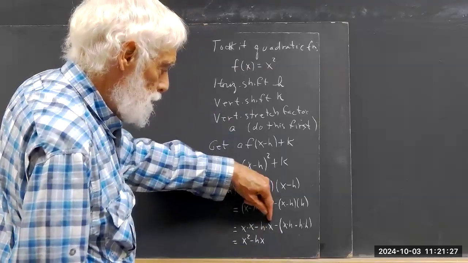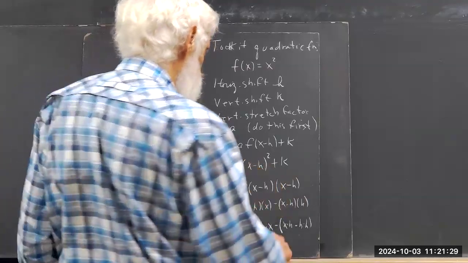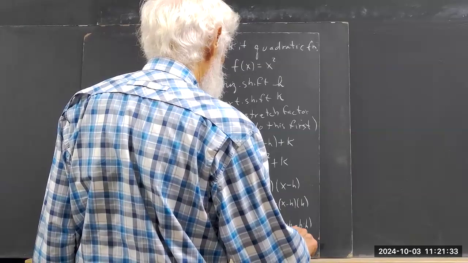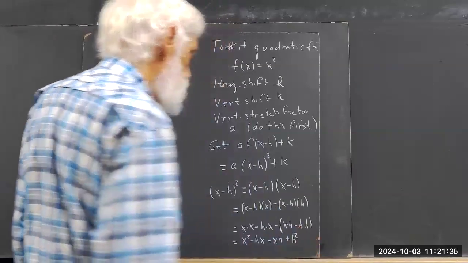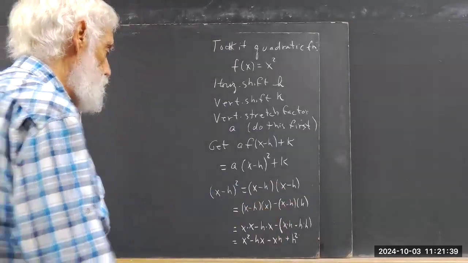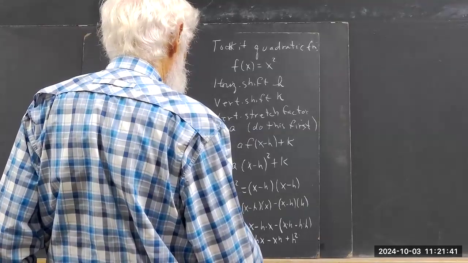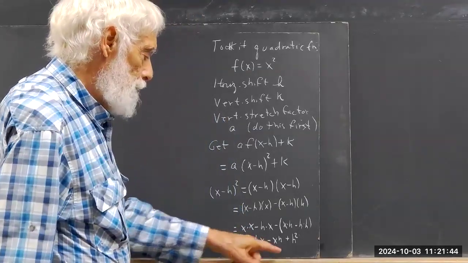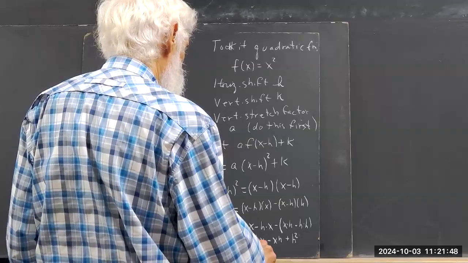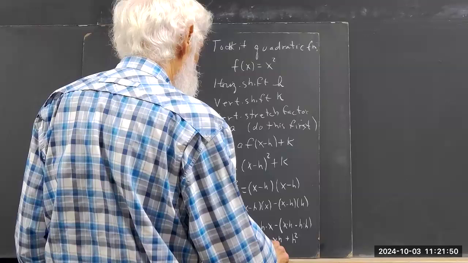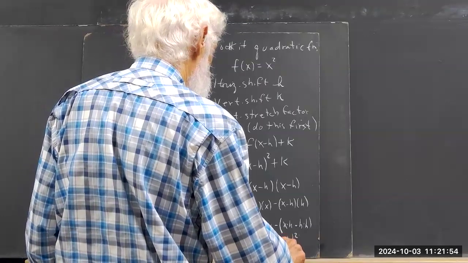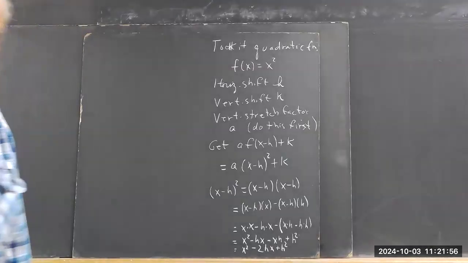And then you distribute the minus sign through here, you get minus xh plus h squared, because minus and minus will give a plus. Then hx is the same thing as xh. This gives you x squared minus 2hx plus h squared.